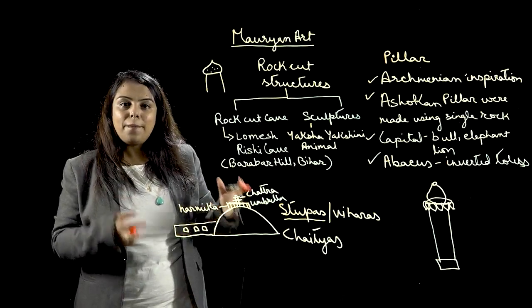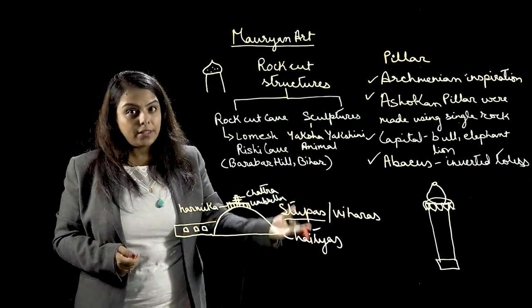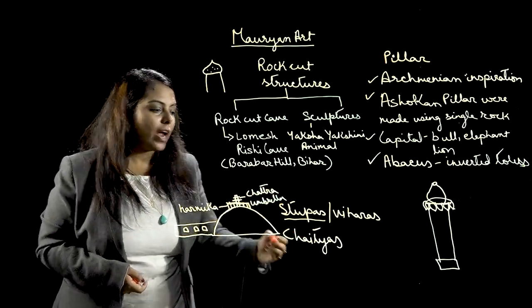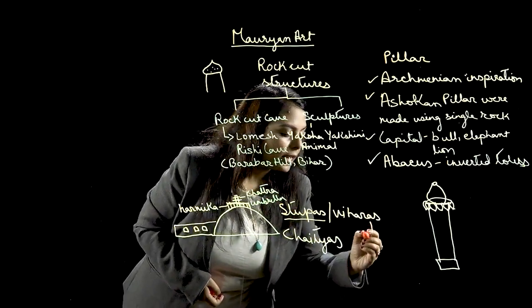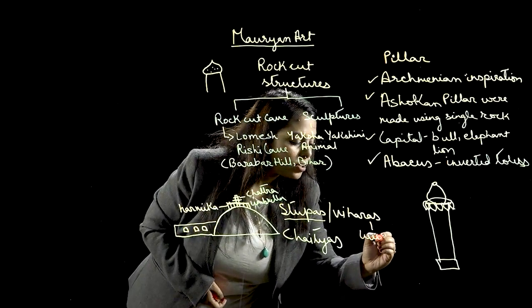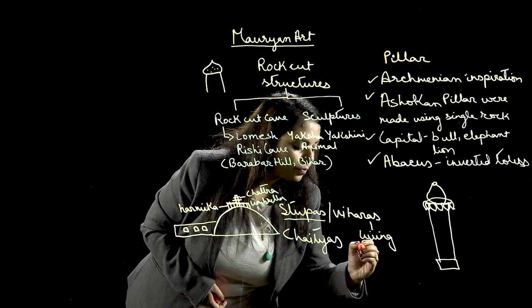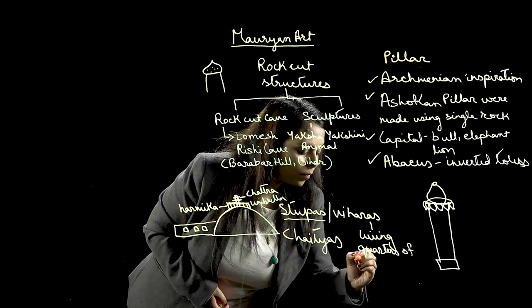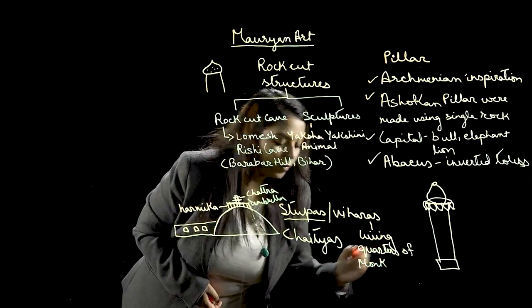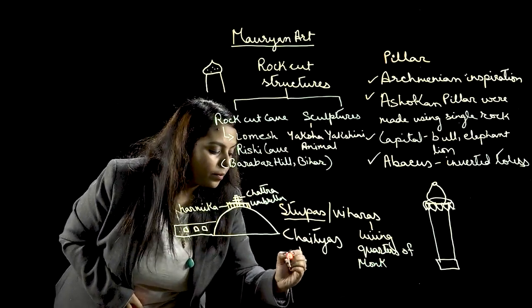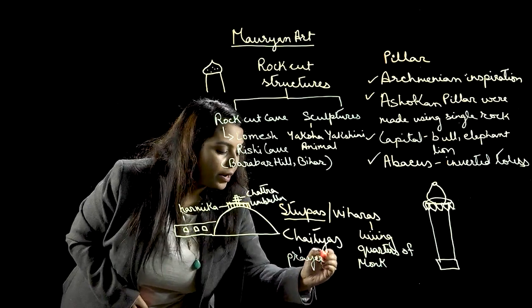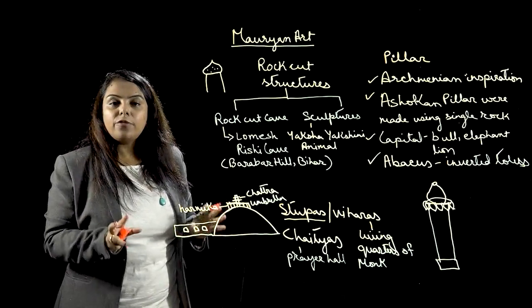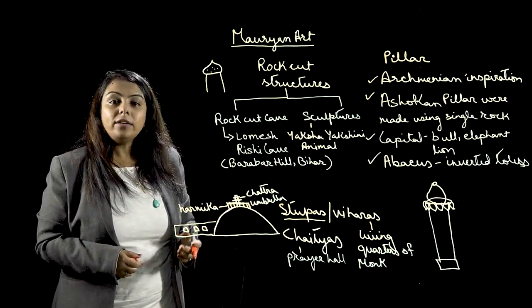So, stupas may come with viharas and chaityas, or stupas may just come with chaityas. So, I will write here: viharas were basically living quarters of monks, whereas chaityas were prayer halls. So, these were important art forms that developed during Mauryan time.